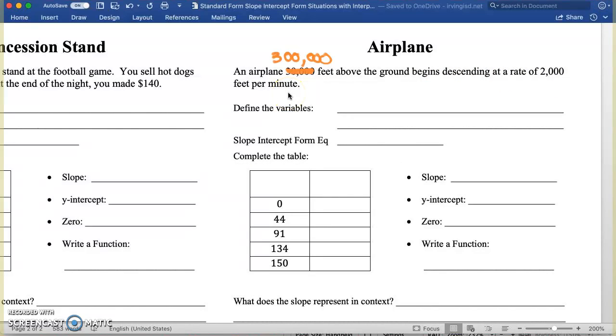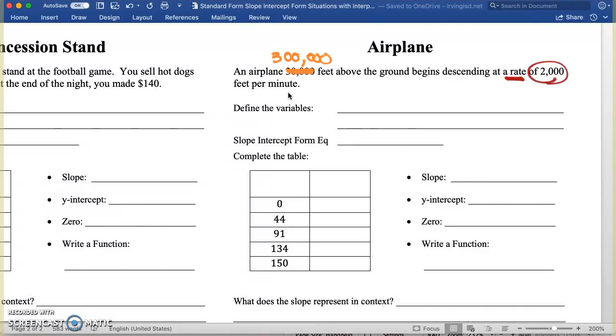So instead of us having three numbers in our problem like before, where two of them are rates and one of them was a total, in this problem we only have one rate, and it actually tells you what the rate is. So that is a little more straightforward. You may not always be told the rate, but in this particular problem, our rate, which hopefully you're realizing is the slope, because a rate is another way to look at slope.